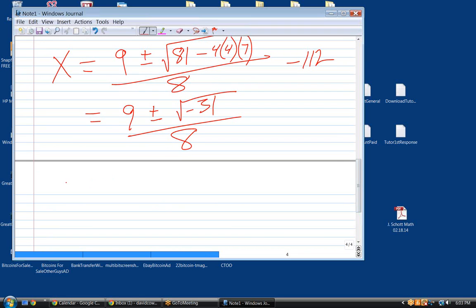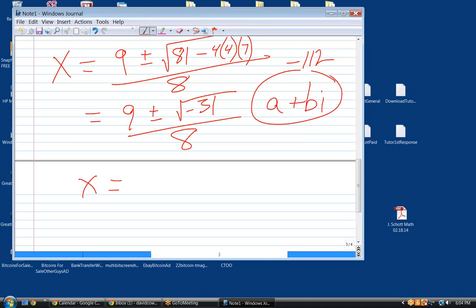So tell me what my two answers are. So it's in A plus BI format. Is she ever going to force you to do that? Yeah, I think she will. Okay, so then 9 over 8, and then plus or minus square root 31.